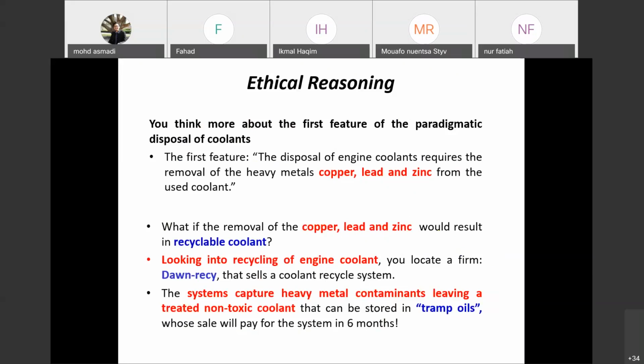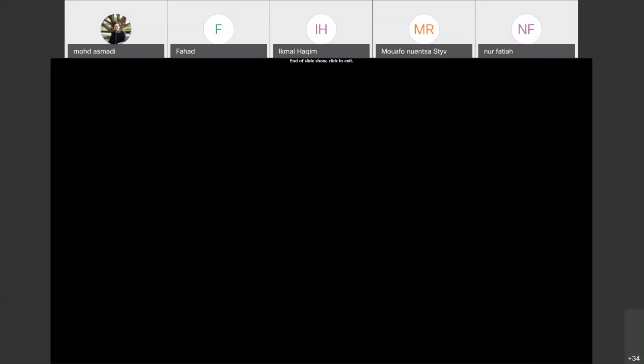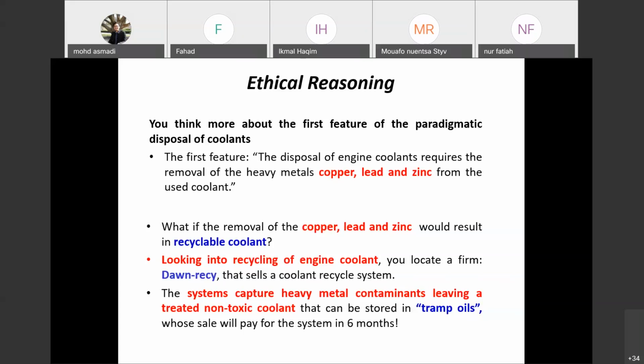Okay, so this is the solution as a chemical engineer, and some ethical reasoning why we need to consider ethics in design. Okay, so that is a short overview of engineering ethics.